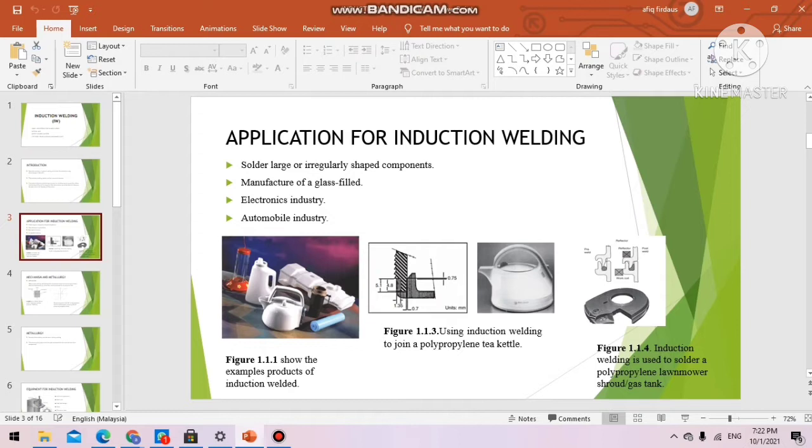Figure 1.1.3 shows using induction welding to join a polypropylene tea kettle. Figure 1.1.4 shows that induction welding is used to weld a polypropylene lawn mower shroud or gas tank.